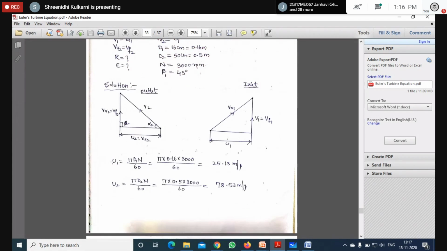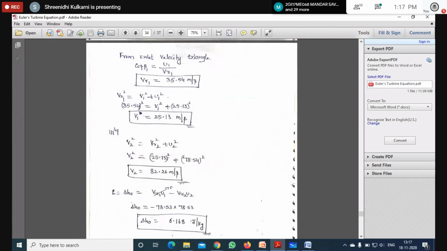What is the tangential blade speed at inlet? 25.13 meter per second, so I took the same. So you will get V2 is equal to 82.26 meter per second.